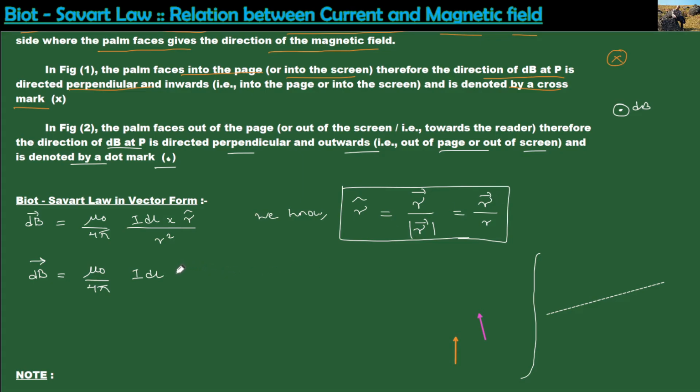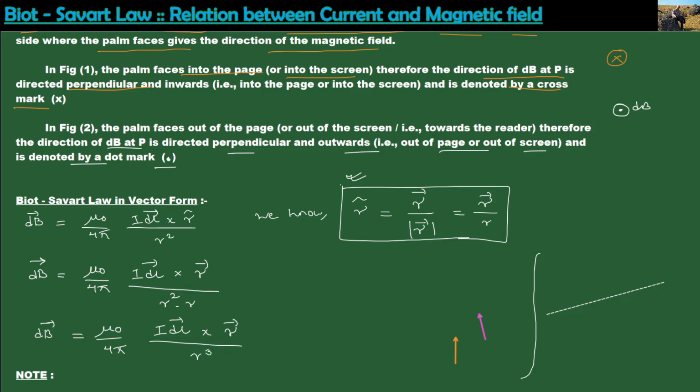It will be r bar divided by r, and since we already have r square in the denominator and another r from here, finally this gives us the expression of dB bar equals mu naught divided by 4 pi, I dl bar cross r bar divided by r cube. Remember to put the bar notation.